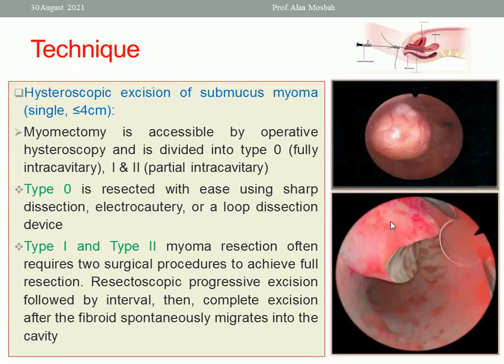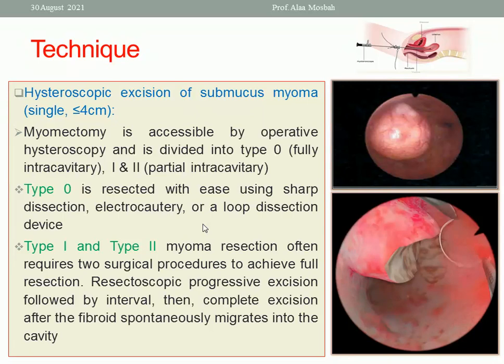But type 0 is usually finished in one session and resected easily by the resectoscope. While type 1 and type 2 may need 2 sessions.